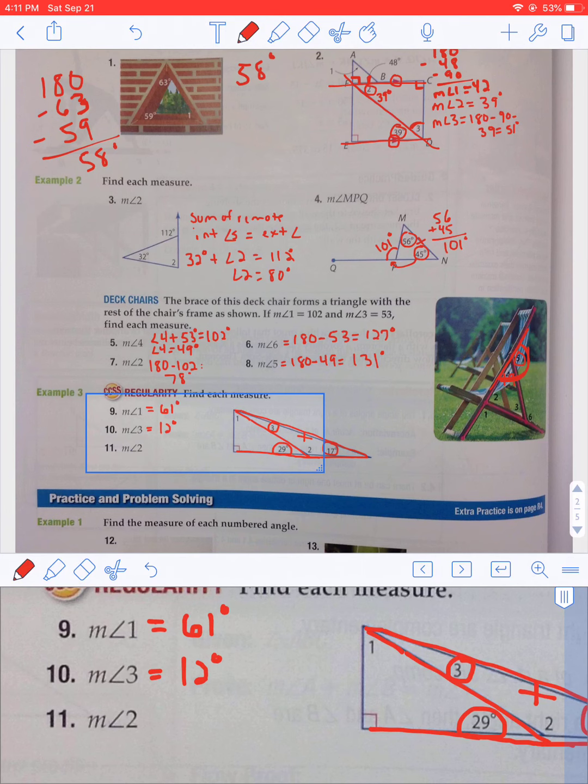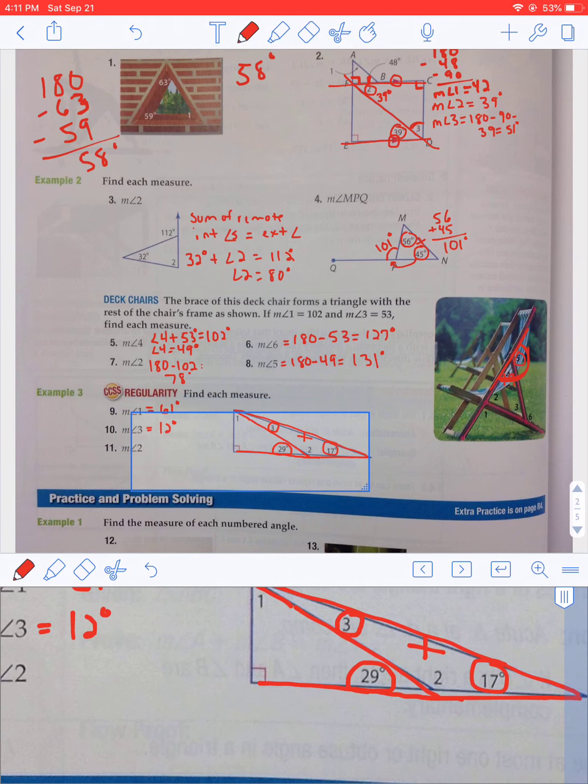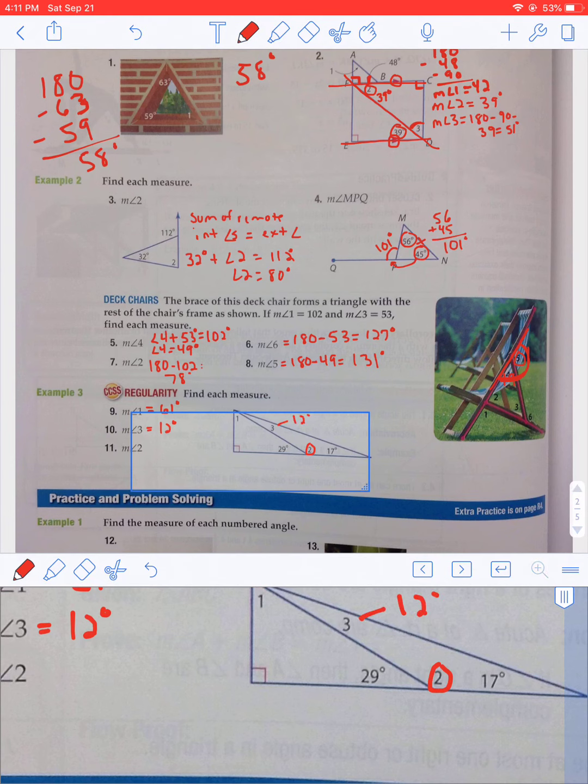All right, and then now we can skip on down to finding angle 2. So I'm going to erase this stuff we don't need. Okay, and you could find angle 2 one of two ways. Now that we know this is 12 degrees, you could take 180 and subtract 17 and 12 from it to get the answer, which would work. Or we know that this is a linear pair, so we could just do 180 minus 29.